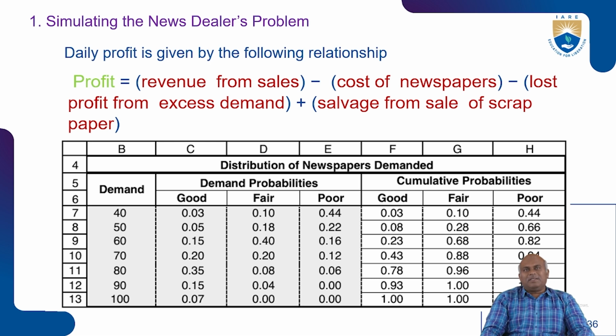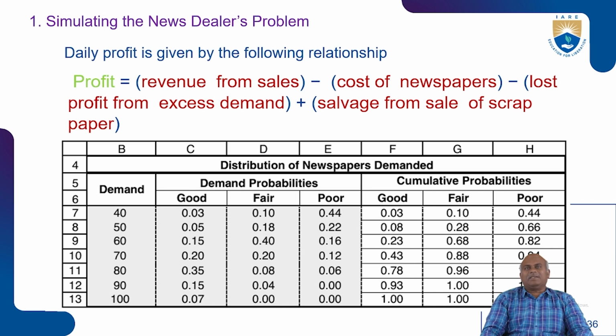If it is lower than the margin level, we do not do any business. So daily profit is given by the following relationship: daily profit is equal to revenue from sales, minus cost of newspapers, minus lost profit from excess demand, plus salvage from the sale of scrap papers.